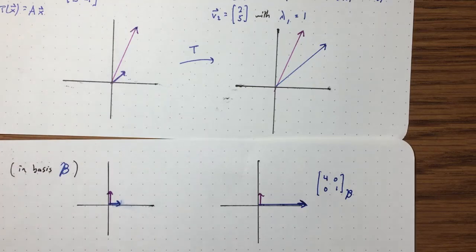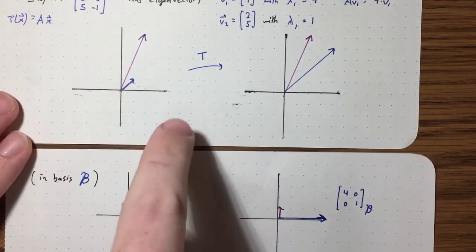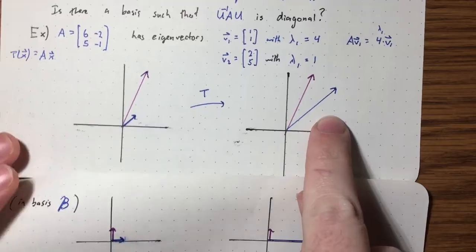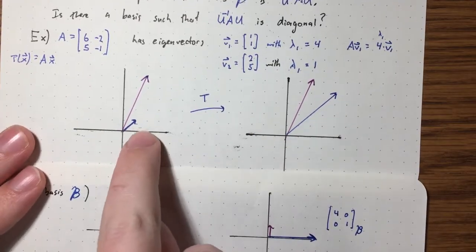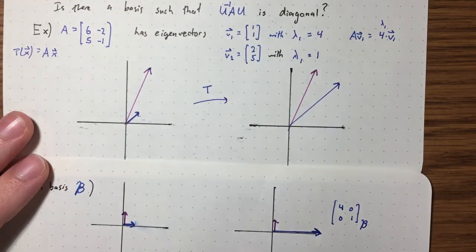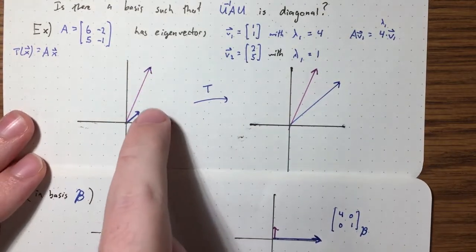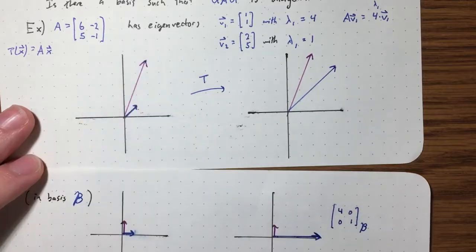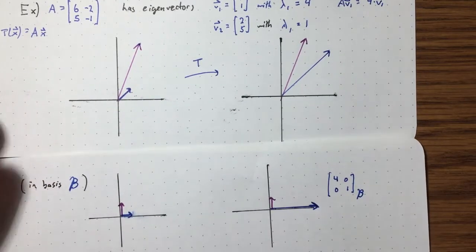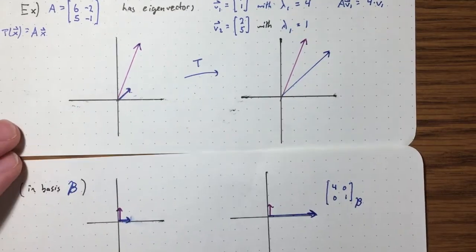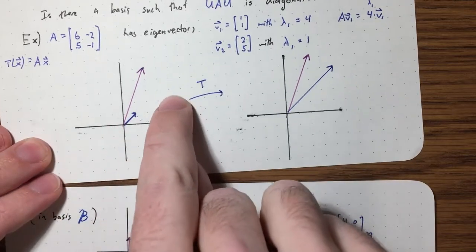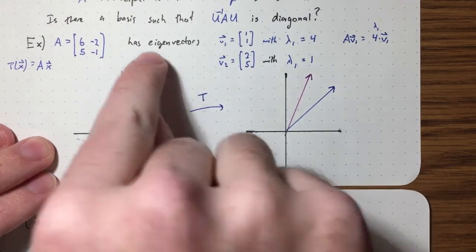Well, what's the idea? I want to choose the eigenvectors as basis elements. Why is that? Because these are ending up pointing in the same direction. Okay. So I'm just going to change basis so that my eigenvectors are the new basis elements. Okay, because then I can get something that will point in the same direction as before. Okay, if I had chosen some other vector here as my basis, that might get rotated somehow.